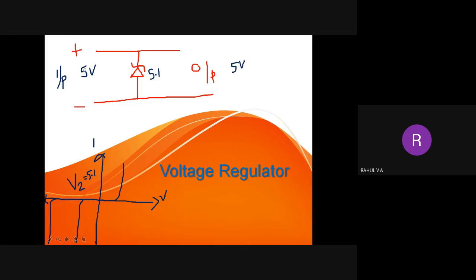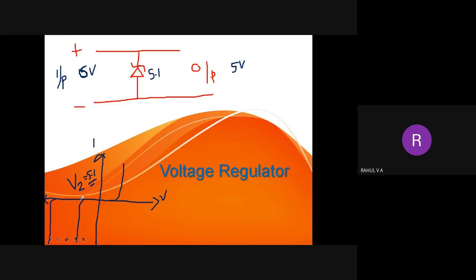Now, I have slowly increased this voltage to 6 volt. Okay, 6 volt means breakdown happened. That means current will flow. You just check that breakdown happens at 5.1 volt.